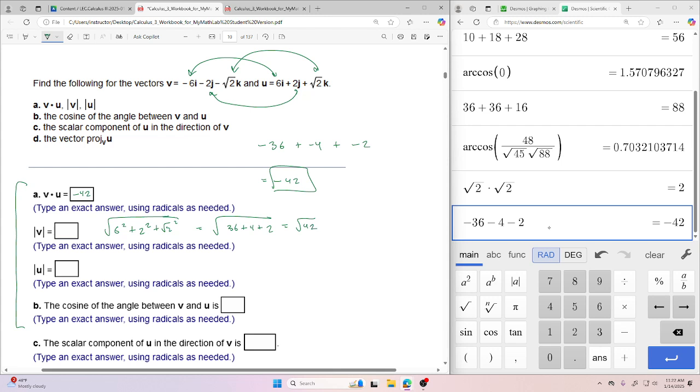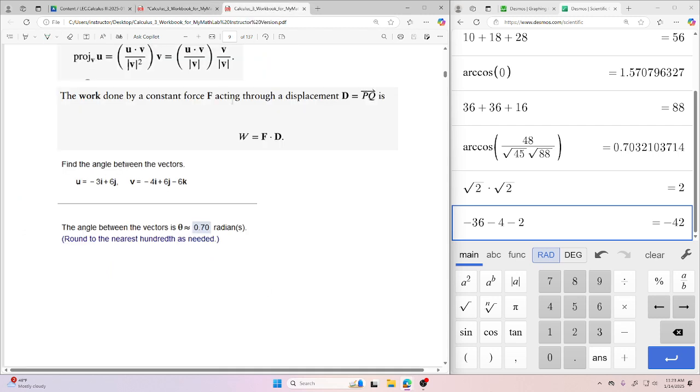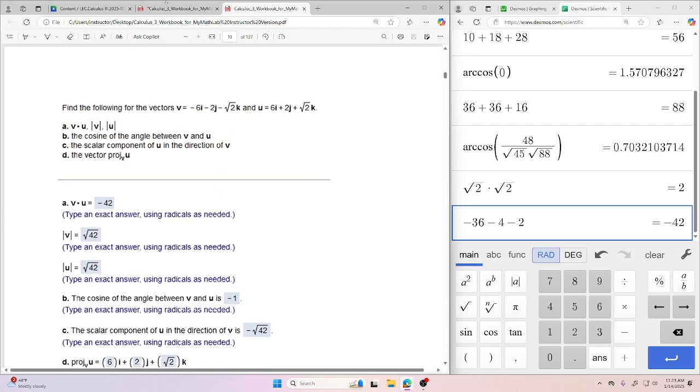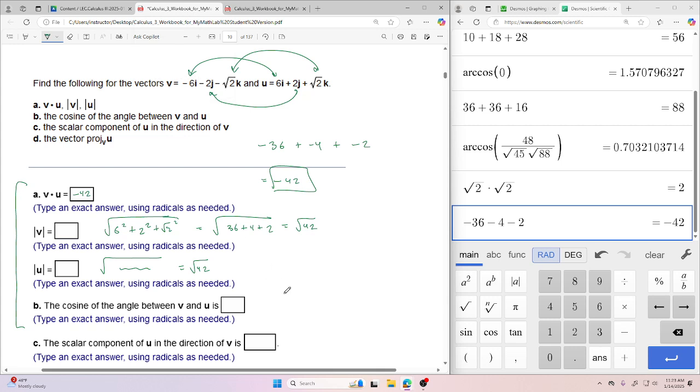Interesting. I wonder if I get the same thing right here. Square root 42. Yeah. I think that always works like that, but it just so happened to be this time. Yeah, look at that. There we go. We got it. It's cool.